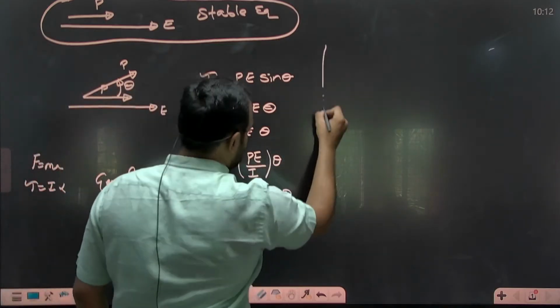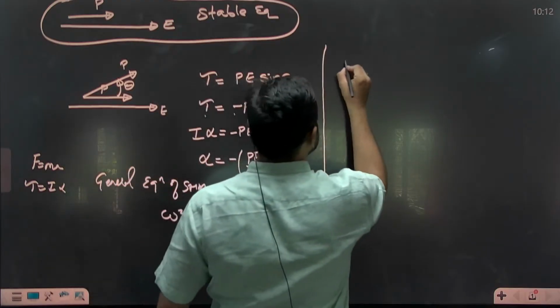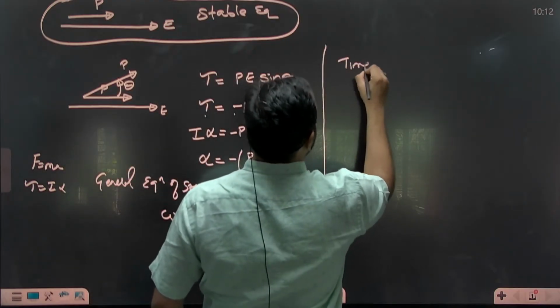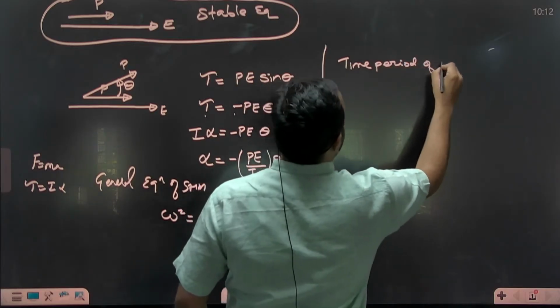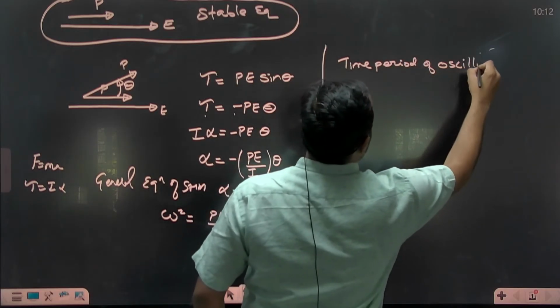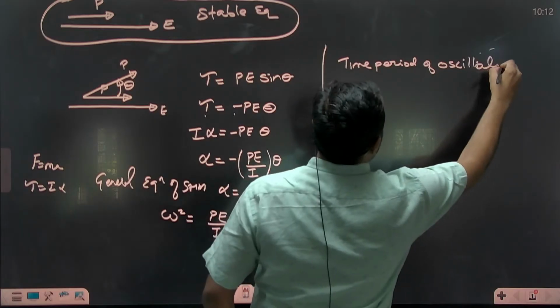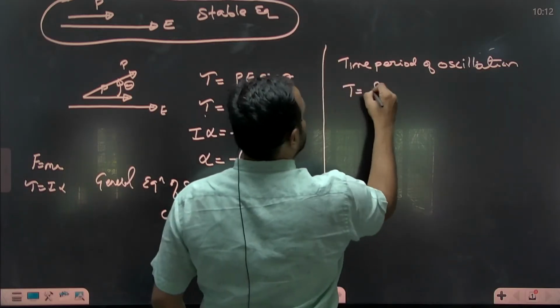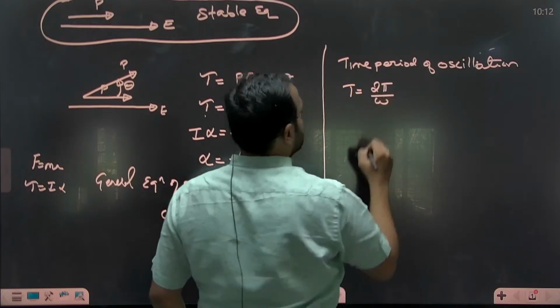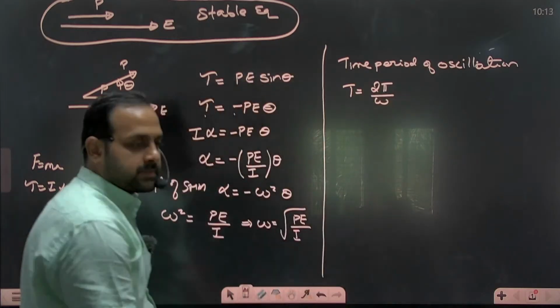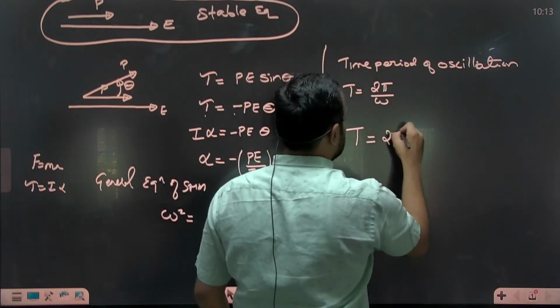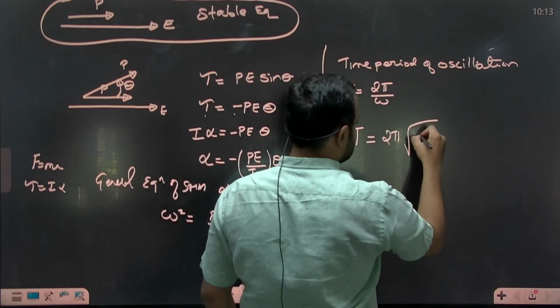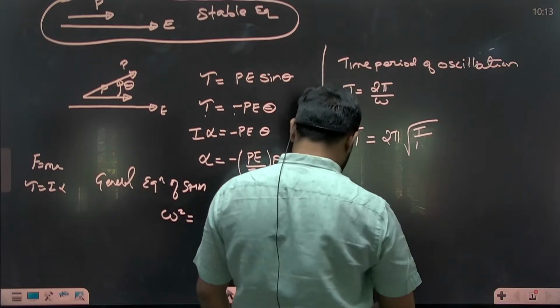Once you find omega, the time period of oscillation T will be equal to 2 pi divided by omega, which will be equal to 2 pi under root of I divided by PE.